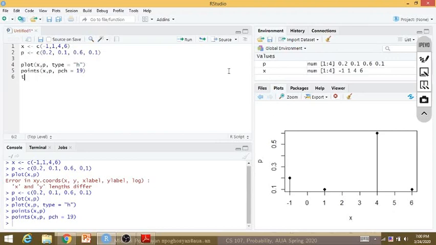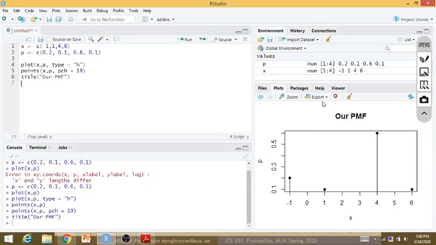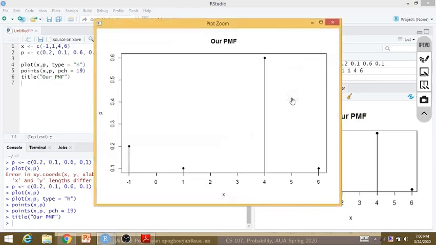And finally, let me give a title to this graph. The title is, say, our PMF. Running this, we have this kind of graph. You can zoom that. This is our PMF with heights and so on.